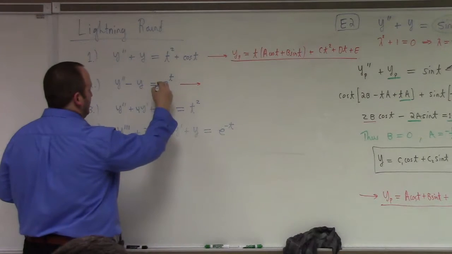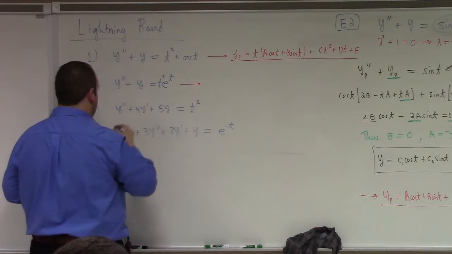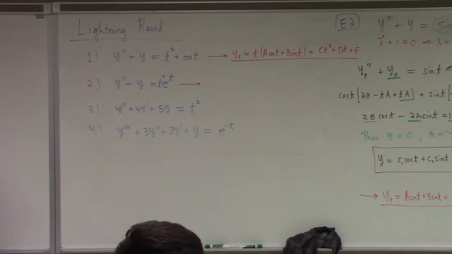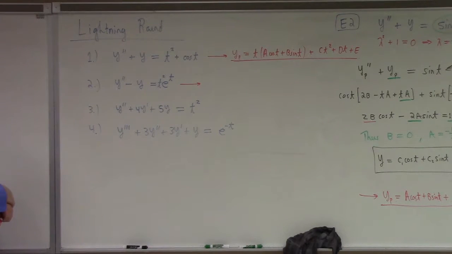Here, t squared, that's annoying, right? Oh man, that one I'm going to have to actually work on for a second. So I got d squared minus 1, just make sure I'm not wrong. I'm violating the rules of my lightning round, you can forgive me.